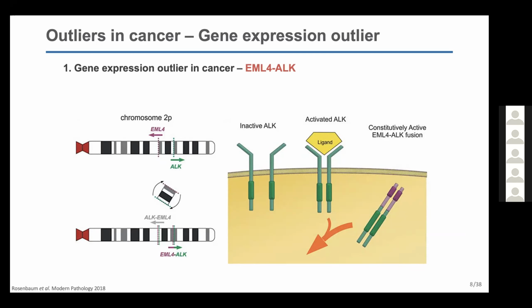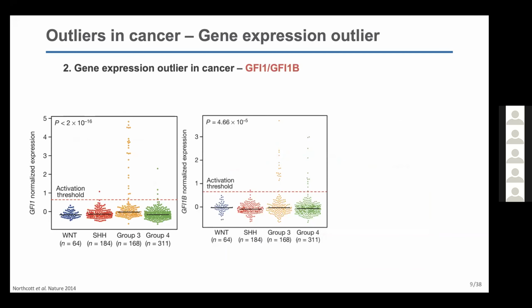So this study shows that a cancer gene expression outlier can be a potential driver gene or a potential drug target. I want to show one more example, which is the genes GFI1 and GFI1B. These are found in medulloblastoma, which is a very aggressive pediatric brain cancer.